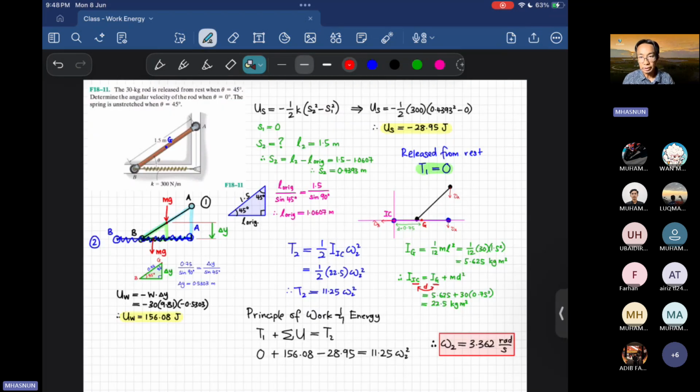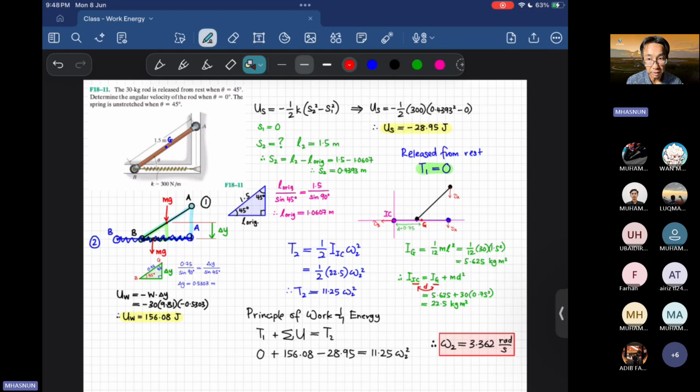Okay, any question on the two examples, ataupun on this example for general plane motion? This is basically general plane motion. Contoh yang pertama tadi adalah rotation. Basically step dia sama je lah.